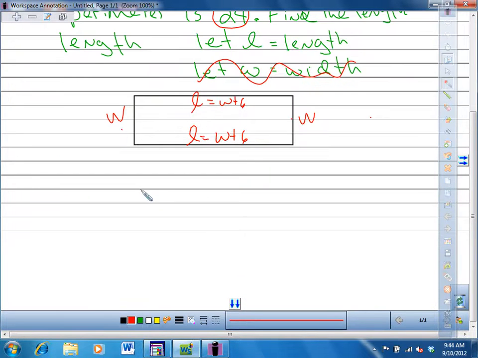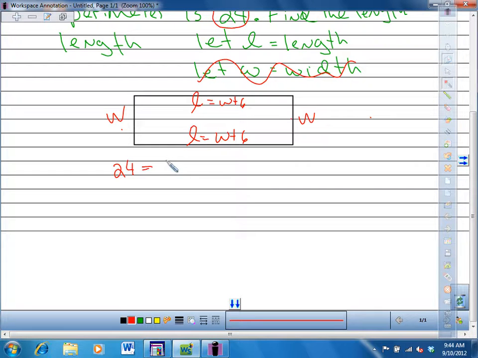So now we have a perimeter of 24. So let's, perimeter, what's perimeter? No, that's area. What's perimeter? The distance around, right? And they tell me that that's 24. So 24 equals, and you want to express this all in terms of one variable. How many W's do I have?